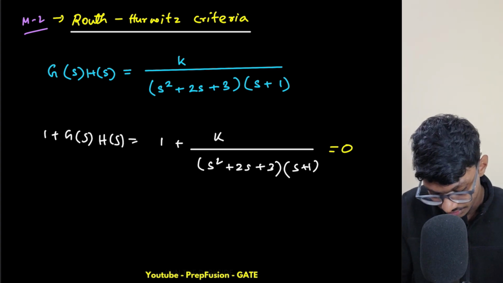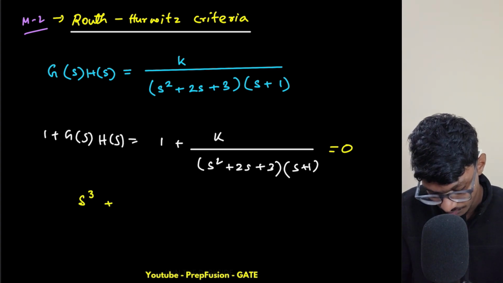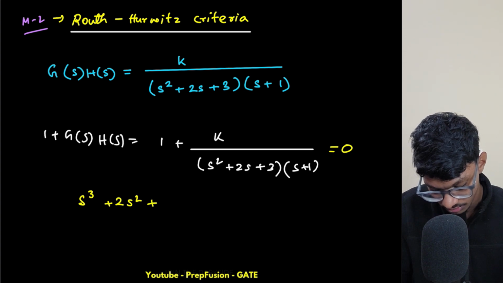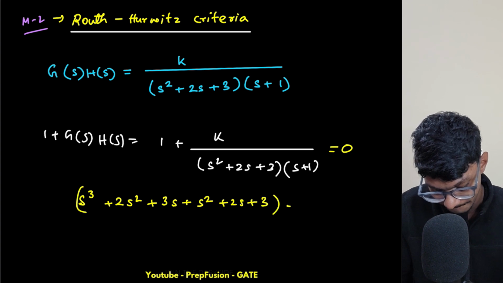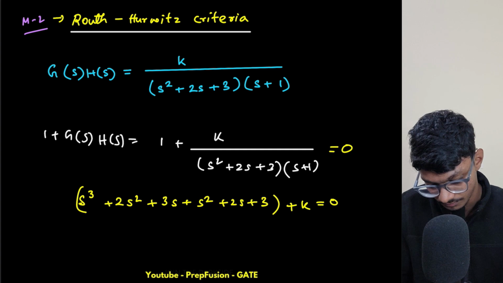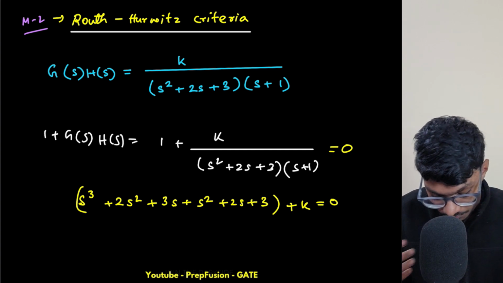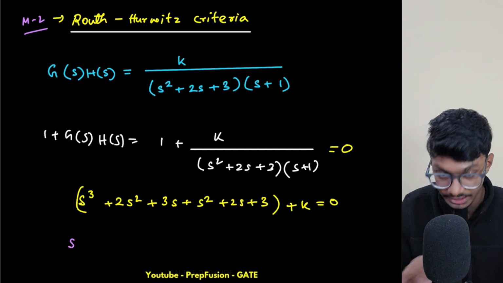So my equation becomes s cube plus 2s square plus 3s plus s square plus 2s plus 3 plus k. Okay, so now let me rewrite everything.